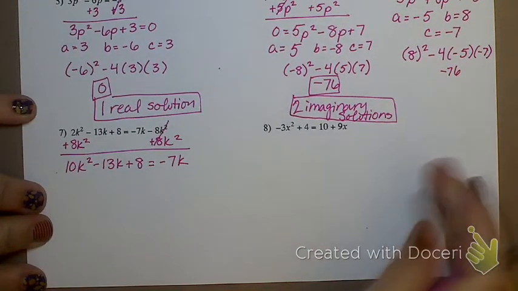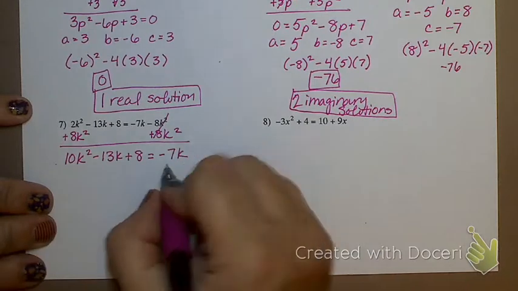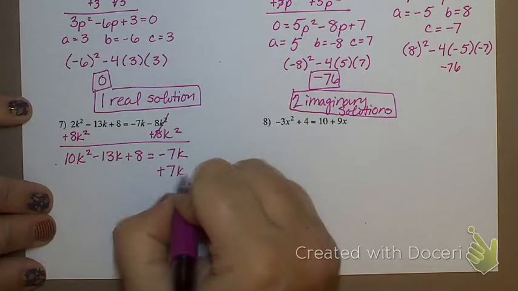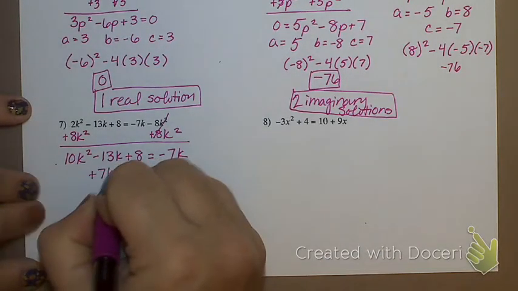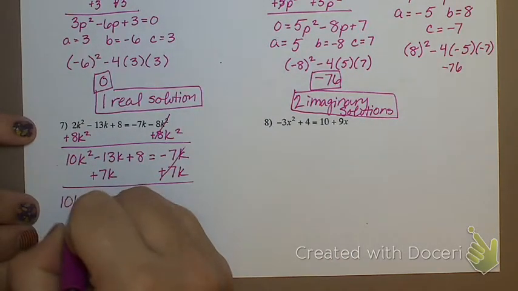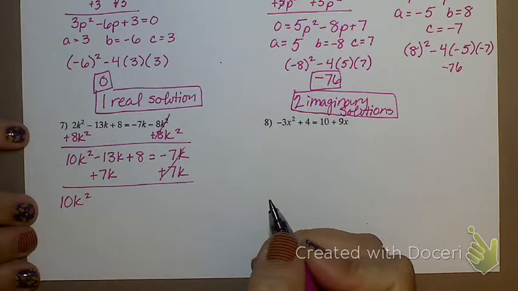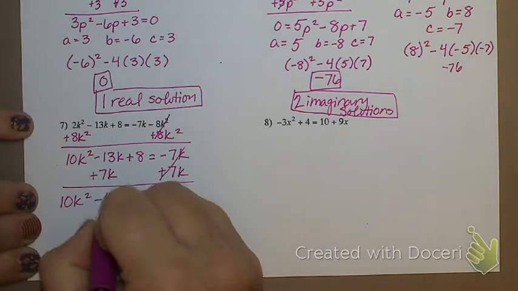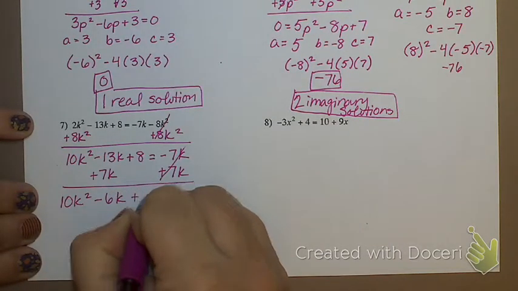And now I need to move what? I need to move the 7k. So 10k squared. Negative 13 plus 7 is negative 6k plus 8 equals 0.